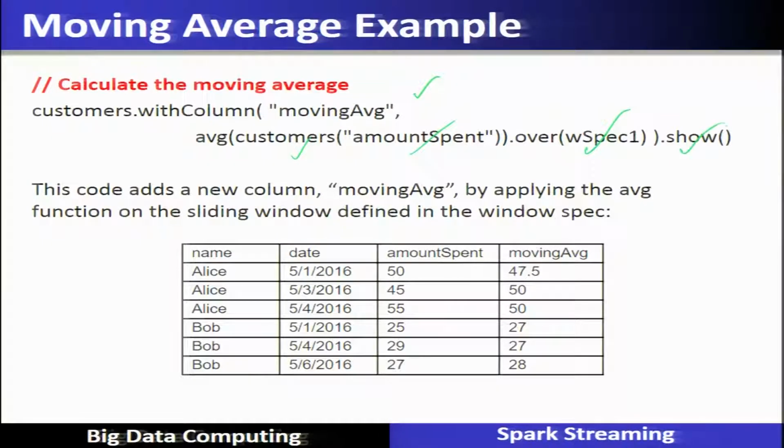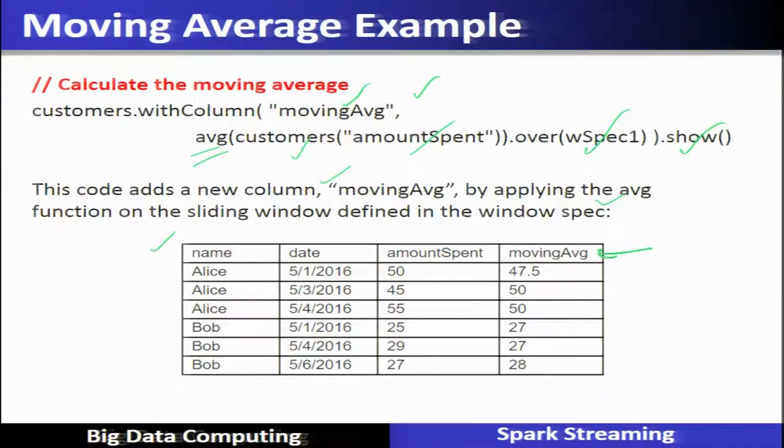So this code will now add a new column called moving average to the customers table, by applying the average function on the sliding window defined in the window specs in the previous slide.